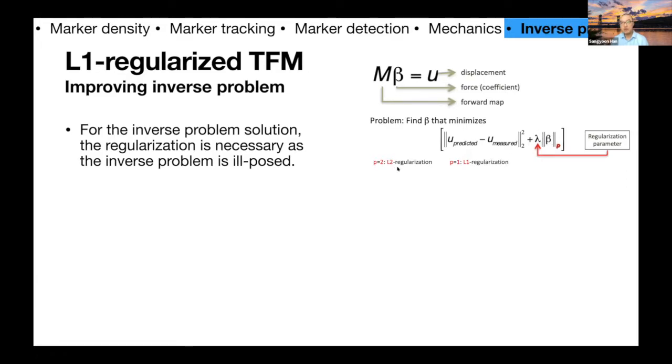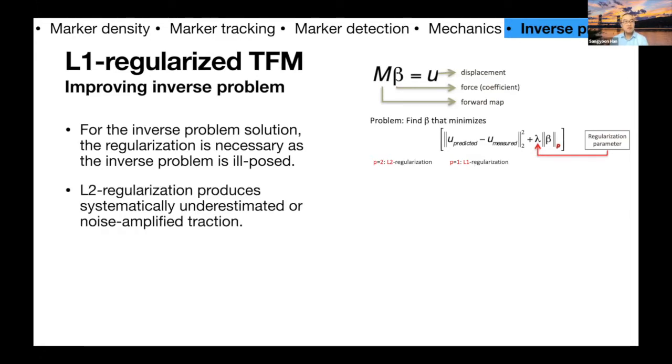If we use the L2 norm, it's called L2 regularization. If we use the L1 norm, it is called L1 regularization. What we showed is that in the TFM application, L2 regularization produces systematically underestimated traction or noise-amplified traction.